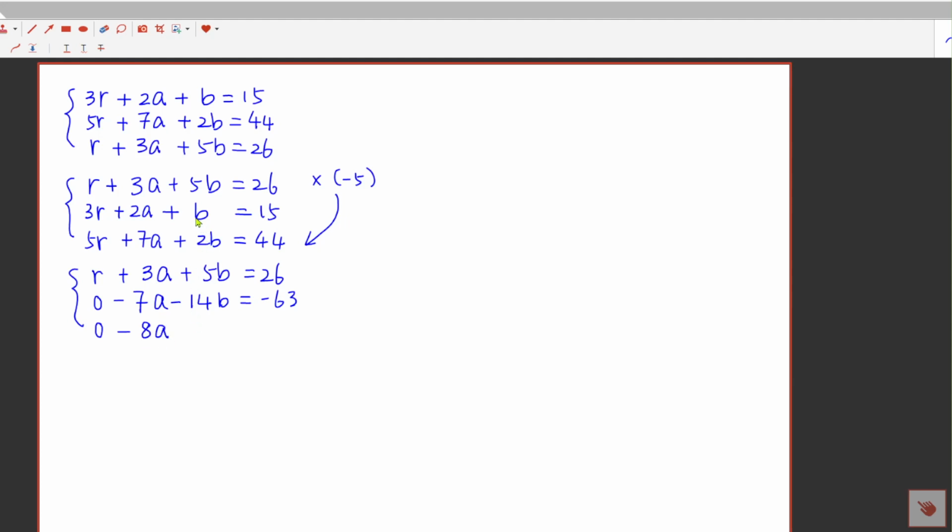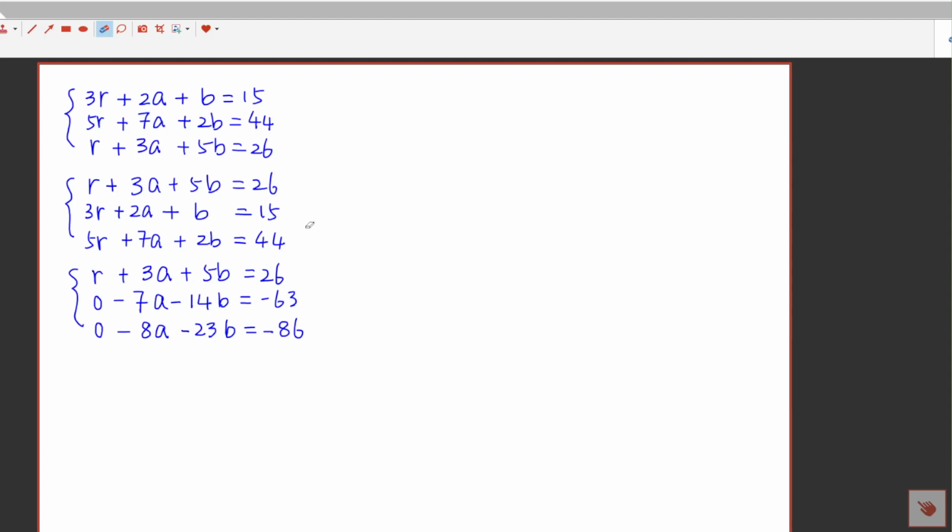And 5b times negative 5 added to 2b, this will give us negative 23b, right? And then 26 times negative 5 plus 44 gives us negative 86, right? Can you follow me?